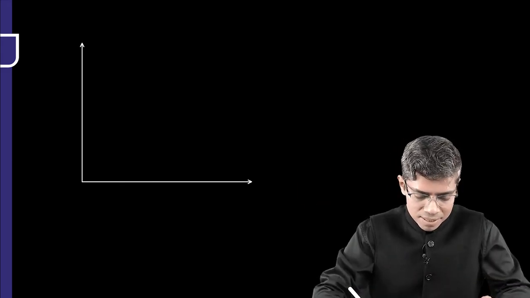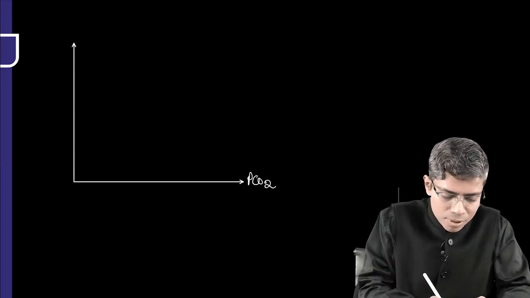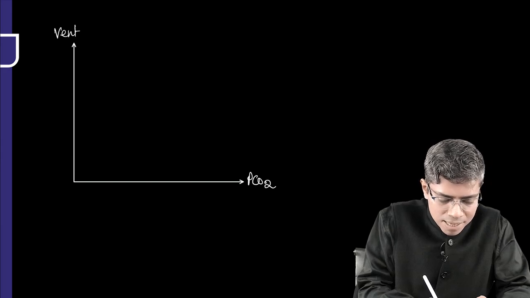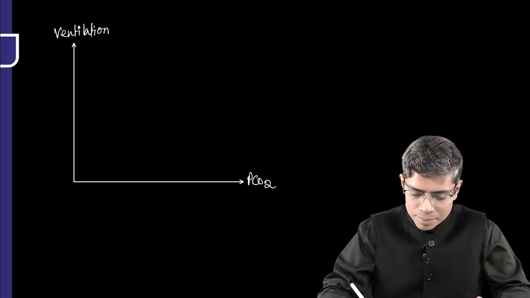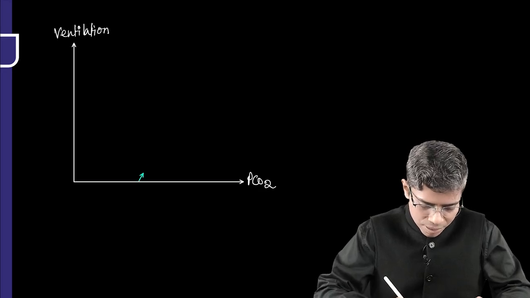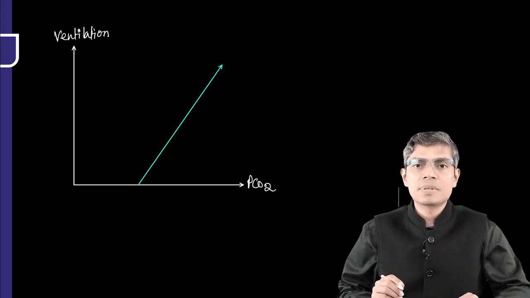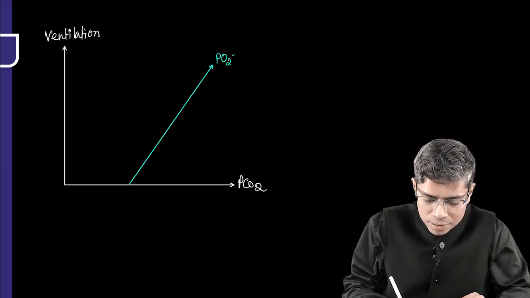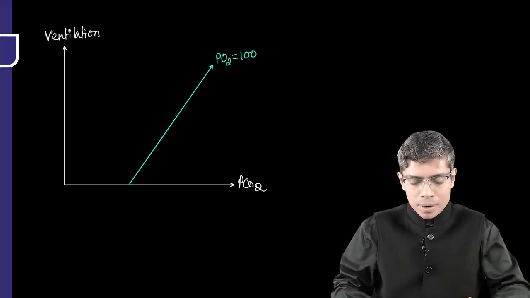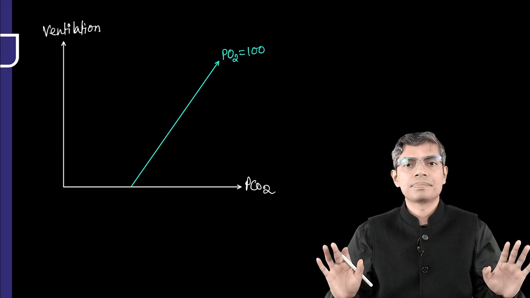We have already seen that if the x-axis is the partial pressure of carbon dioxide and the y-axis is ventilation, the relationship between these two is linear, but this relationship is only seen when oxygen partial pressure is normal. Suppose this curve is plotted when partial pressure of oxygen is 100, no hypoxia, only hypercapnia, right?